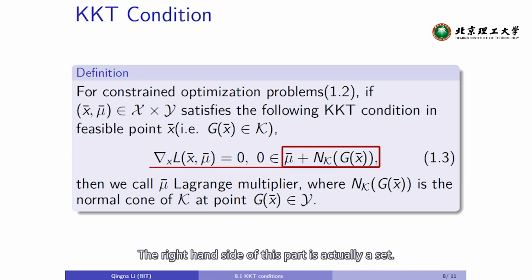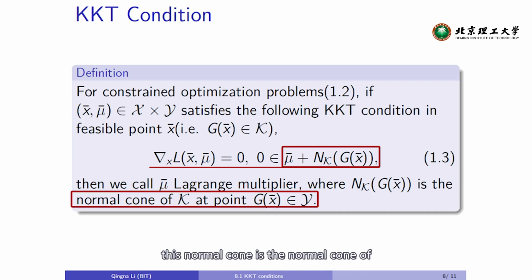The right-hand side of this part is actually a set. This set starts from mu bar and then adds another normal cone. As we mentioned before, this normal cone is the normal cone of this set K at point g(x bar), all right?